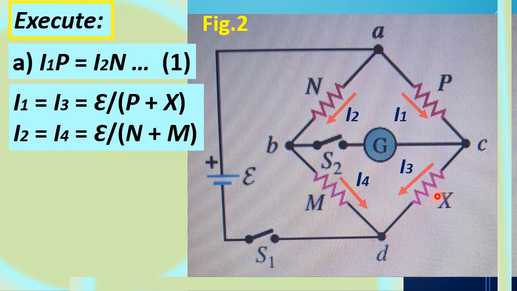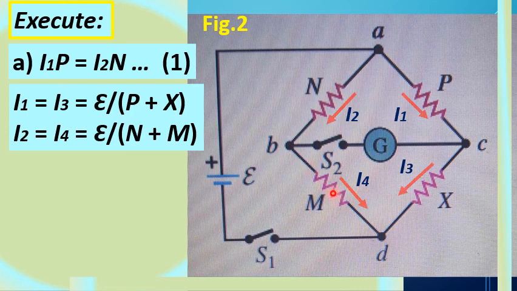And each of these currents is equal to the EMF in the battery divided by the sum of resistances P and X. Similarly, I sub 2 is just equal to I sub 4 when there is no current through the galvanometer, because they are also in series.